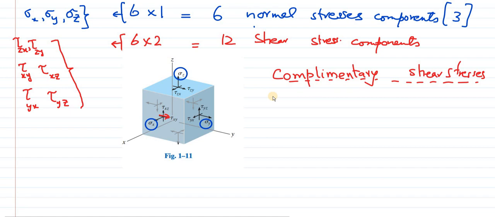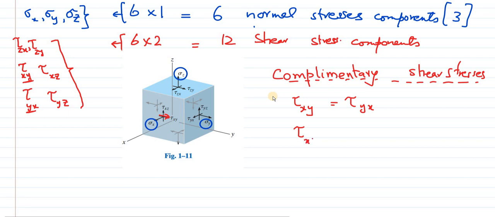So using the relationship between complementary shear stresses, we can further say that since tau xy is complementary to tau yx, we need to know the magnitude of one, and the other magnitude will become known, and the direction will be dictated by equilibrium requirements. So tau xy equal to tau yx.